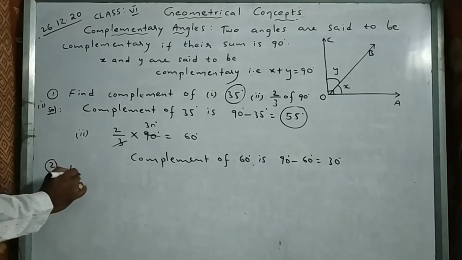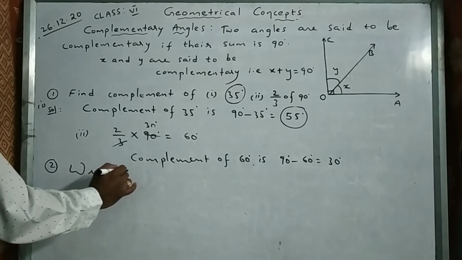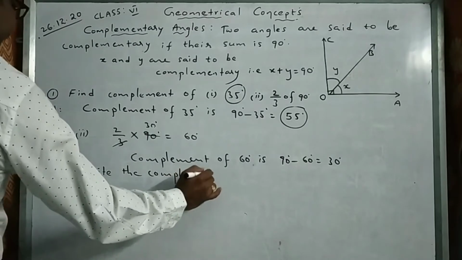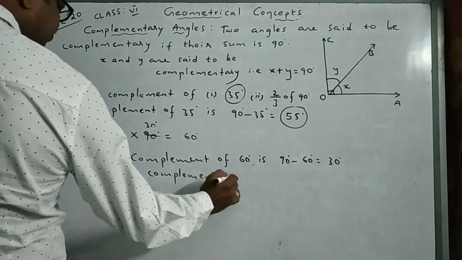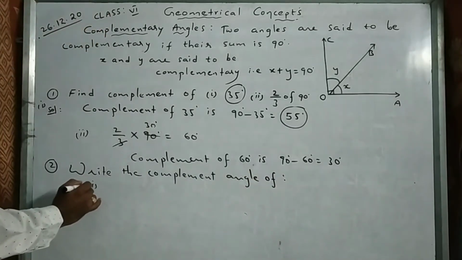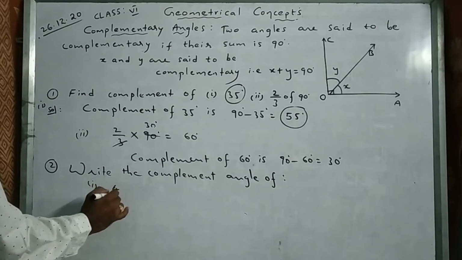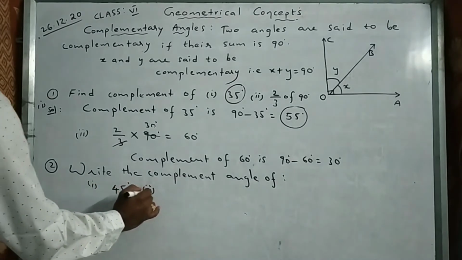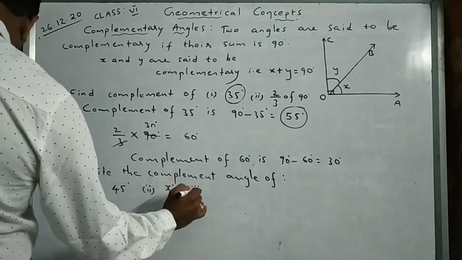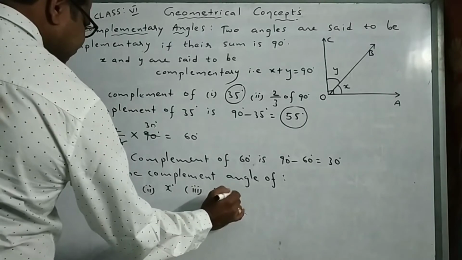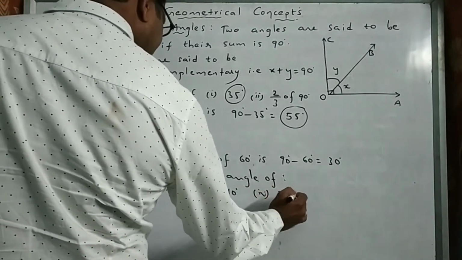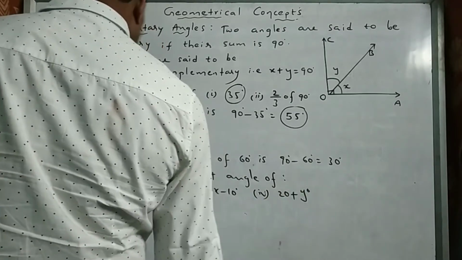For example, second question. Write the complement angle of first, 45 degrees, second, x degrees, third, x minus 10 degrees, fourth, 20 plus y degrees.